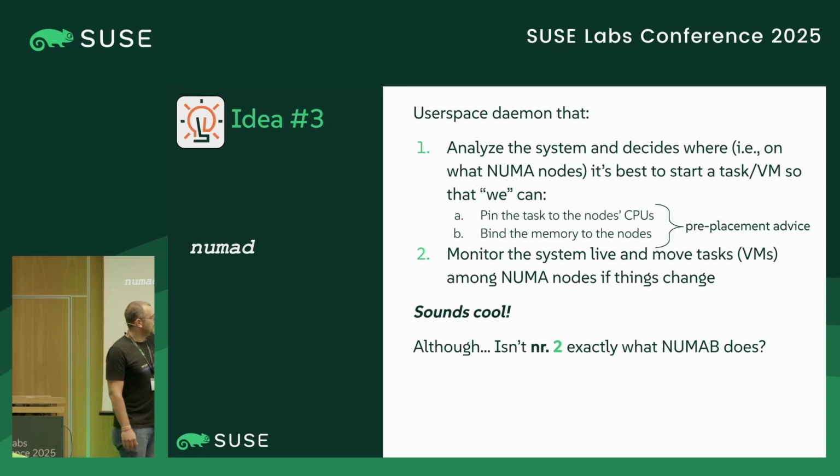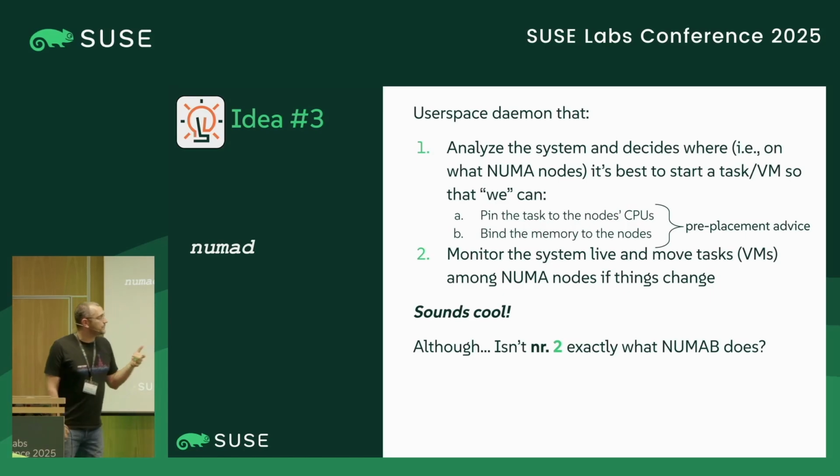However, let's note that it's basically the same thing that automatic NUMA balancing is also doing. So who knows whether we can use them together, or if they might even conflict and create more problems than solutions.